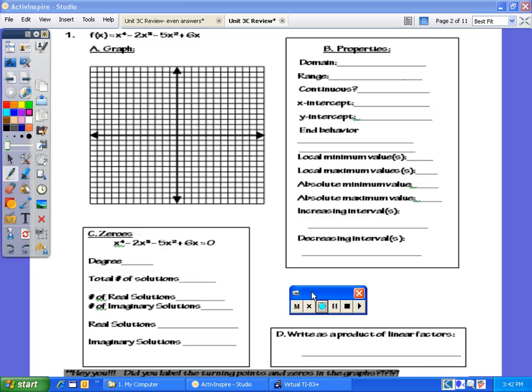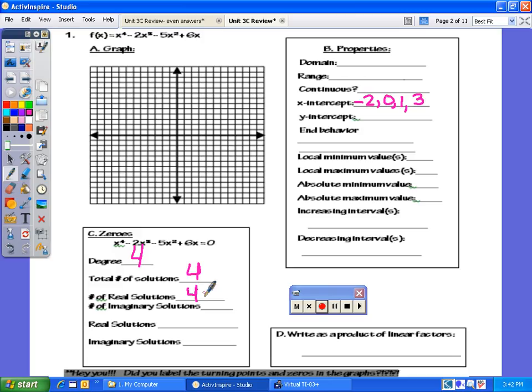Alright, I noticed that I hit the graph in 4 places. I hit it at -2, since that is an intercept, at 0, at 1, and 3. Those are my 1, 2, 3, 4 real solutions. So I'm just going to skip down here, and where it says number of real solutions, I'm going to put 4. Since the degree is 4, I should have 4 total solutions.